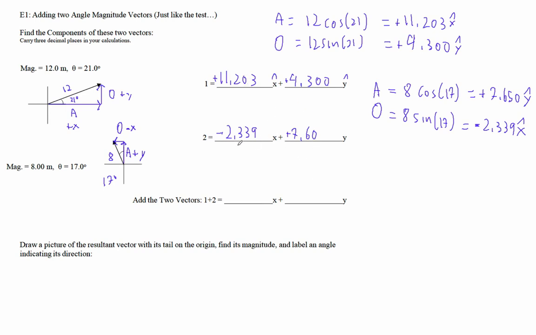Okay. Now I'm going to add these numbers. So I'm going to go 11.203 plus negative 2.339. And I get 8.864. Right, and I'm going to add these guys here, 4.3 plus 7.6.